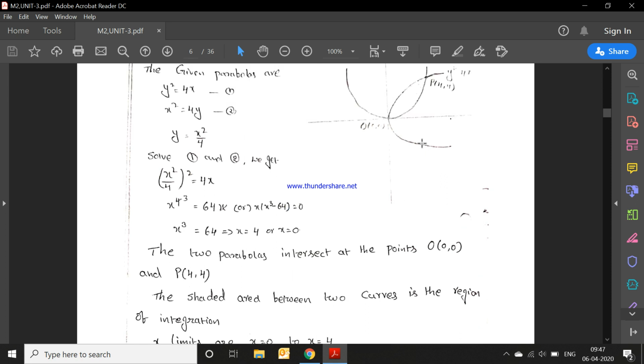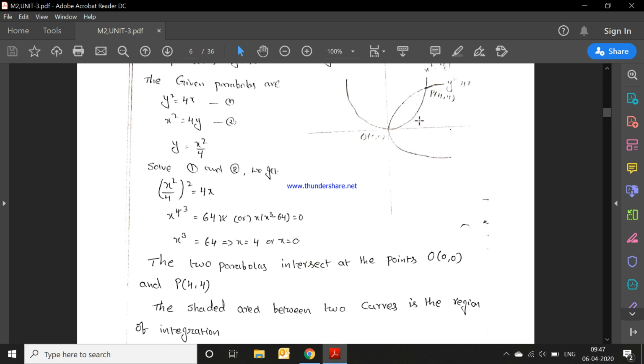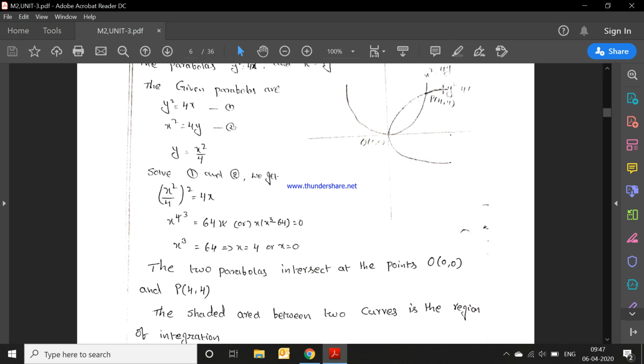And going to the y limits, y must be a function of x. That's why we are taking the y limits in terms of x. So the y limits are the vertical limits. Vertically you can identify the region. In the vertical direction, the limits start on the curve x square is equal to 4y. What is the y value on this curve?